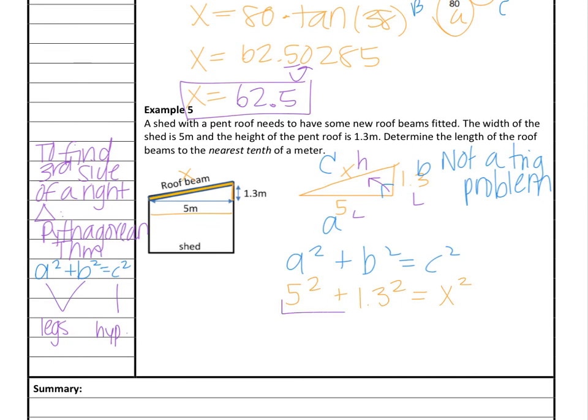In your calculator, I want you to type in this left-hand side, 5 squared plus 1.3 squared. Hopefully you found 26.69, and that's still equal to x squared. And just as we've done in the past, to undo squaring, you have to square root both sides. So go ahead and again type that in your calculator.